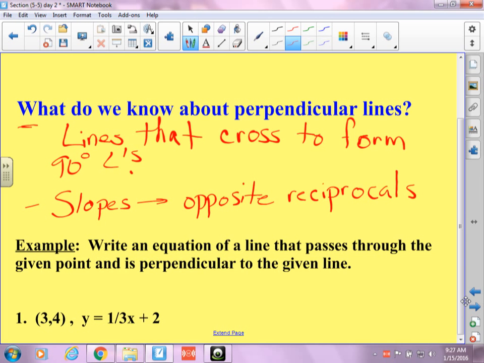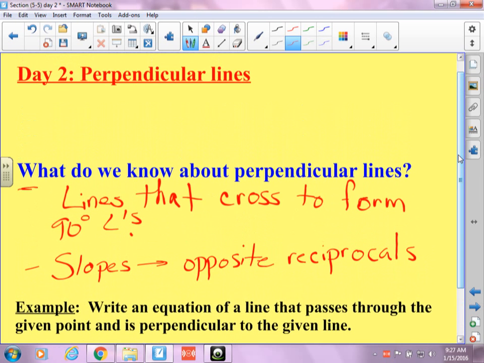When we talk about opposite reciprocals, let's say, for example, I have the slope of 2/3. Yesterday, when we said they were parallel, what was the slope of the new line? 2/3. Today, this is perpendicular.